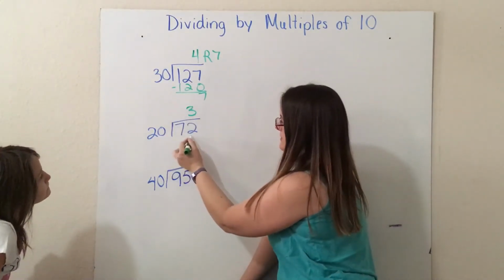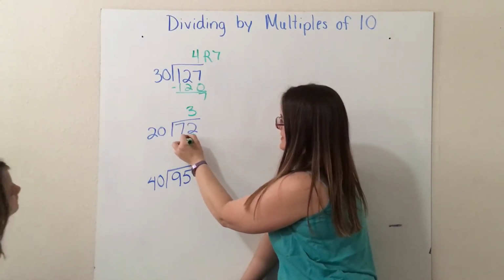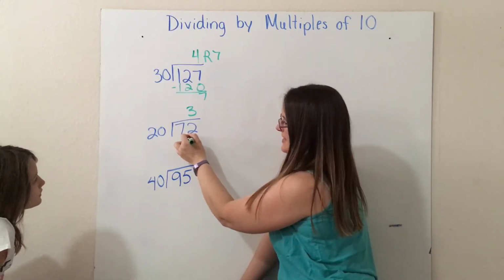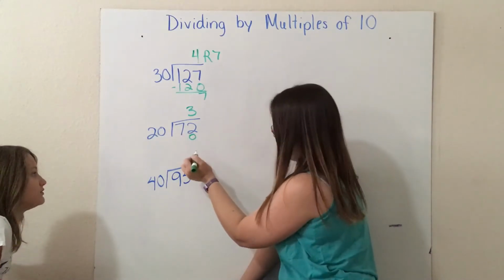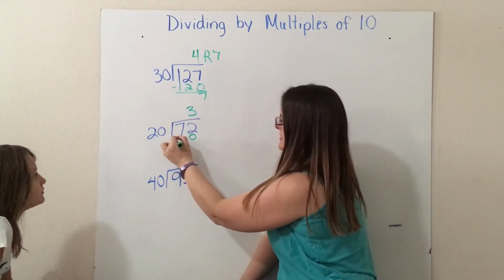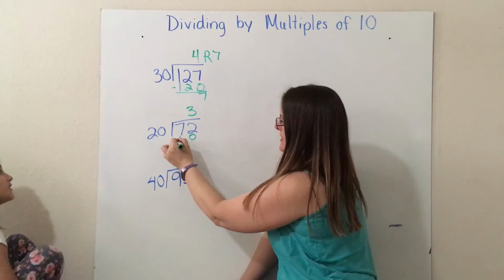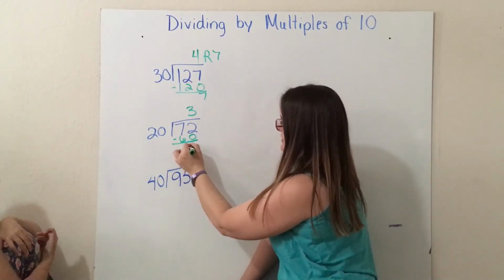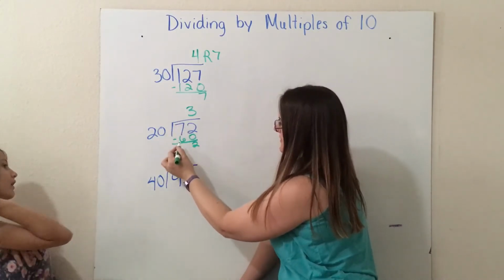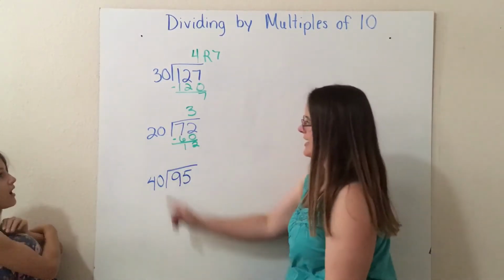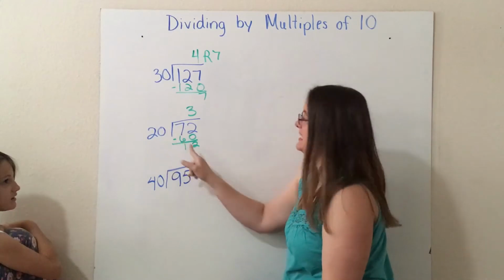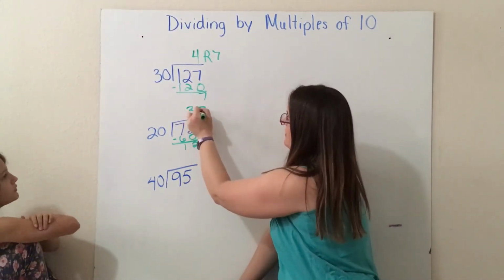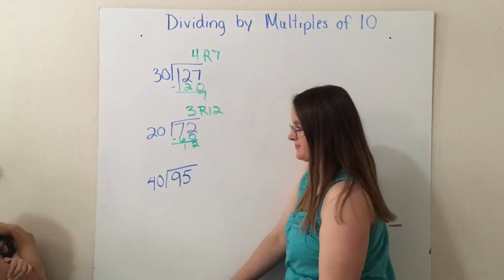Now, what's 3 times 0? Anything times 0 is 0. 3 times 2 is 6. Then we subtract. 2 minus 0 is 2. 7 minus 6 is 1. Can I make a group of 20 if I only have 12 left? No. So 12 is my remainder.